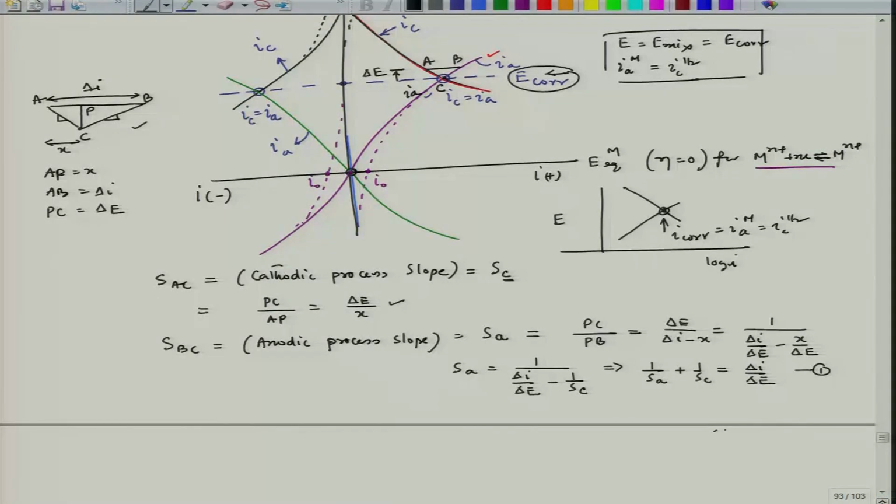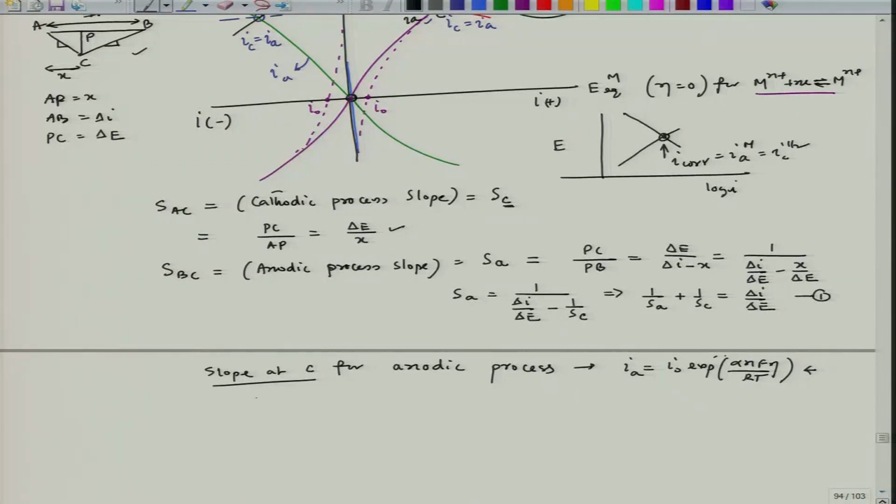Now, if I try to find out the slope at this particular point, the slope at C for the anodic process, I have to use I equal to I0 exponential alpha N F eta by R T. So this equation I have to use just to find out the slope at C for the anodic process.